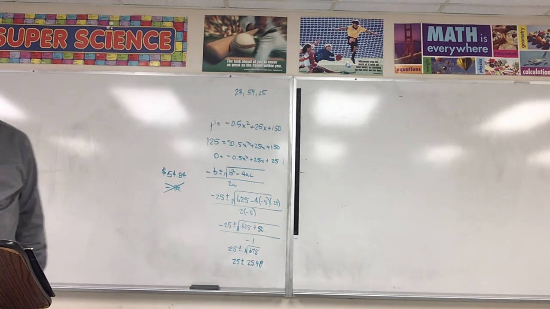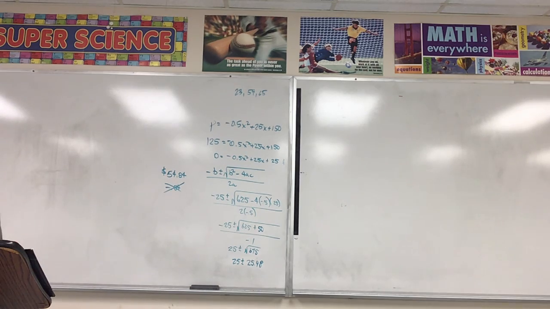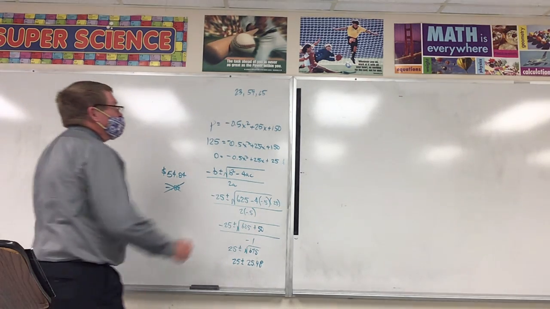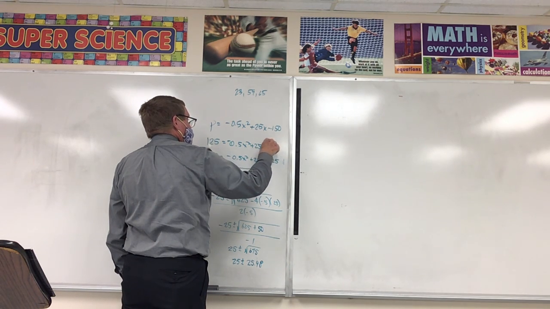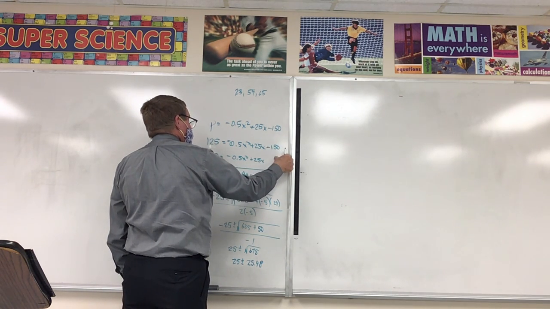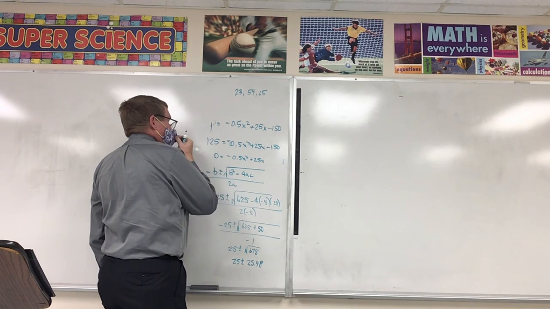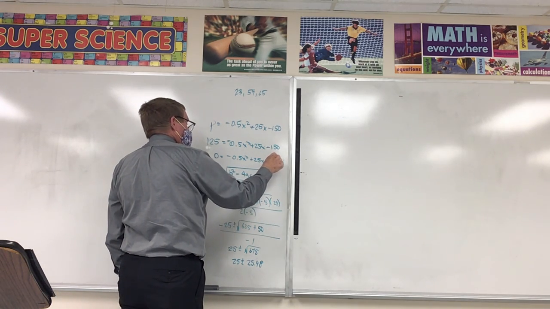0.5 x squared plus 25x minus 150. And I'm doing everything wrong. Sorry, guys. Minus 1. Minus 275.